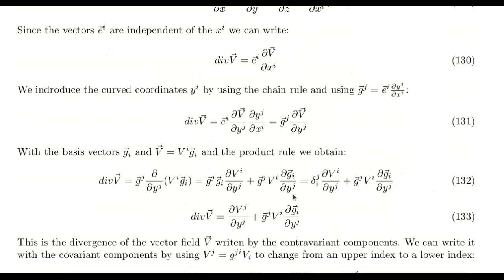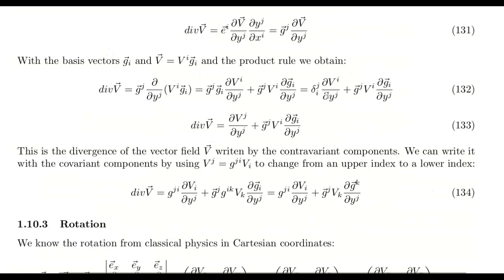So, we know the product of g j contravariant and gi covariant is the Kronecker delta unit tensor. And we have here a scalar product in the index i, and so that means that this i is changing into j because of Kronecker delta. And so we have now this formula in 133.